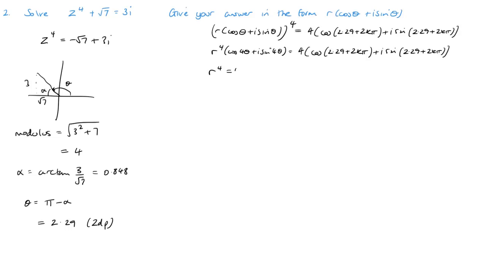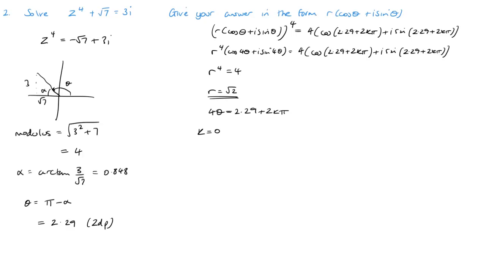So we get r to the power 4 equals 4. Therefore, r is going to be equal to root 2. And then we've got 4 theta equals 2.29 plus 2k pi.